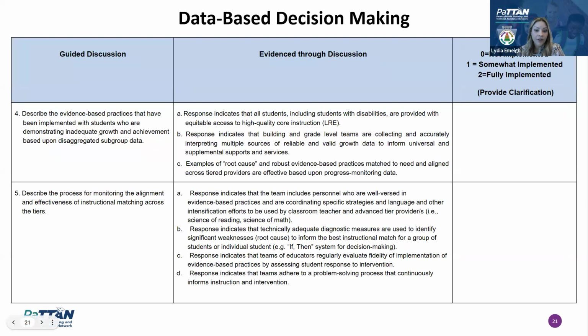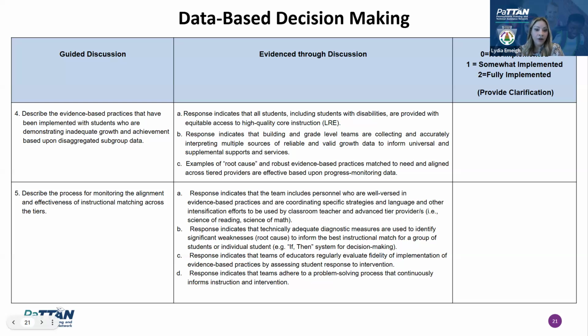This Fidelity tool encourages LEA teams to review the evidence-based practices currently implemented to support students who demonstrate inadequate growth and achievement. It's important to consider disaggregated subgroup data during this review. For example, the LEA team will discuss how all students, including those with disabilities, have equitable access to high-quality core instruction in the least restrictive environment.